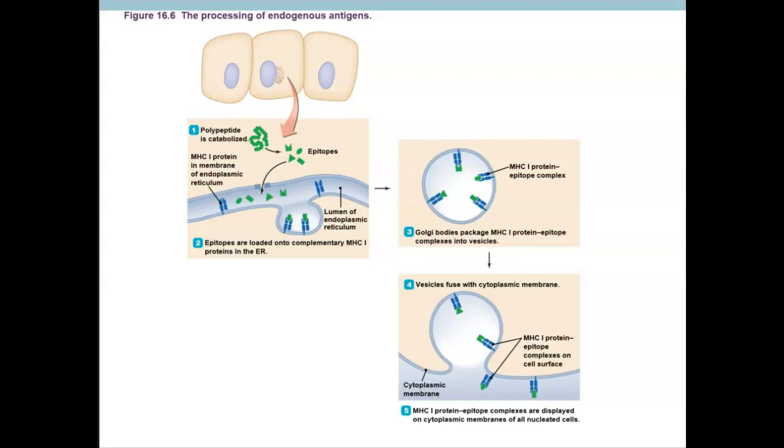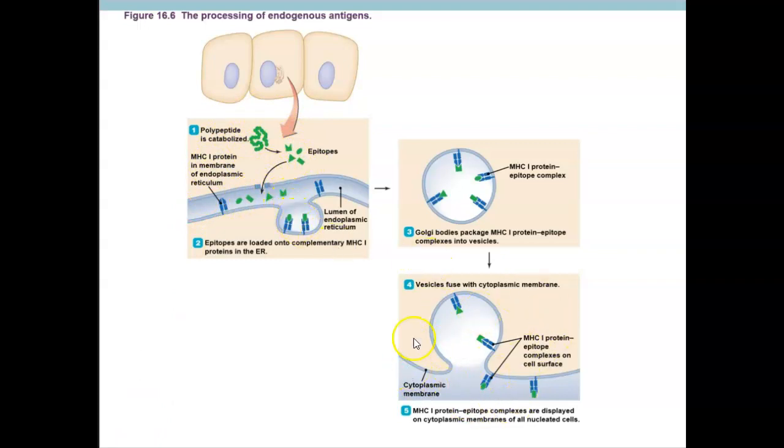Now, this is an endogenous antigen, and that means it was made by this cell. That doesn't mean that it was genetically a part of this cell. In other words, this is a way that your immune system checks every cell for, are you virus infected? If this cell has a virus infection, at some point one of the virus proteins is going to get picked and degraded and presented on these MHC proteins.